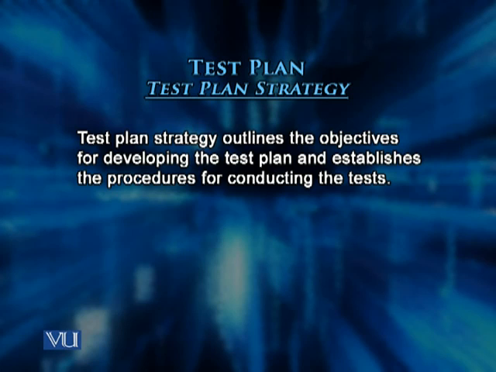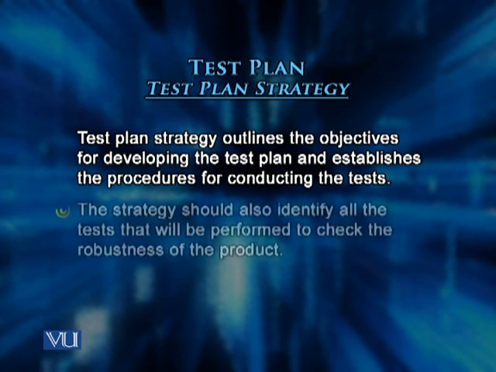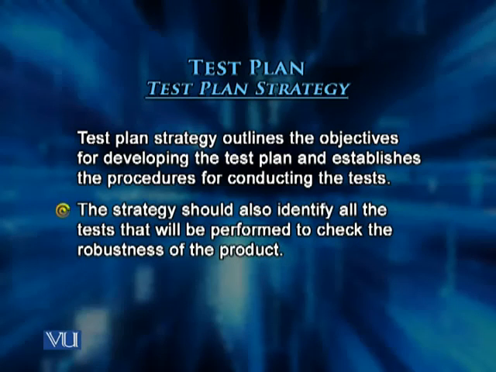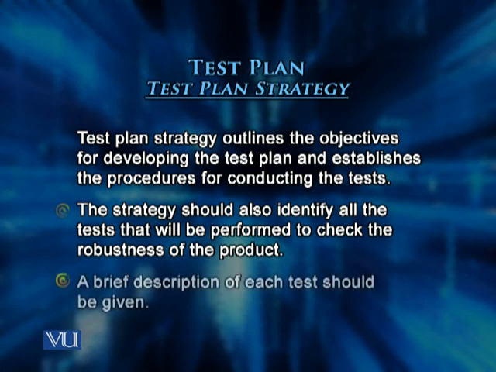So here we are getting more specific. The strategy should also identify all the tests that will be performed to check the robustness of the product. A brief description of each test should also be given in the test plan strategy.